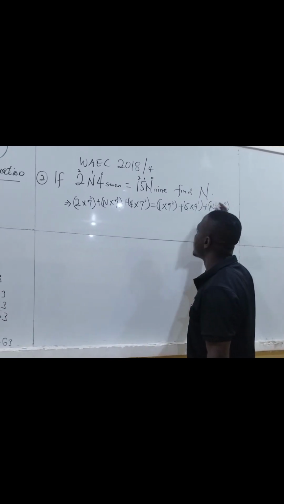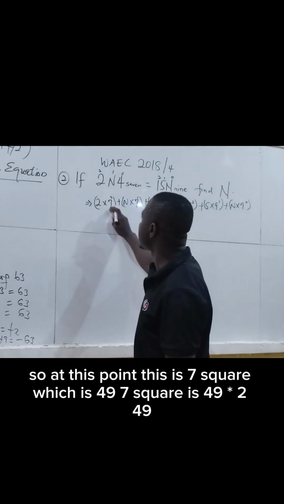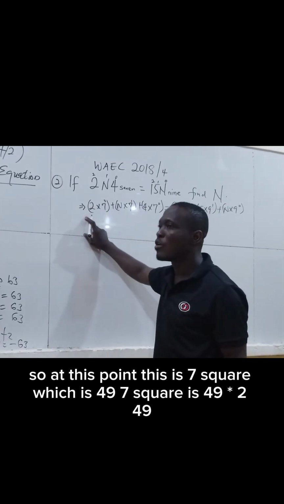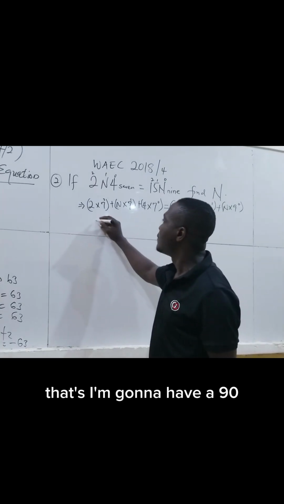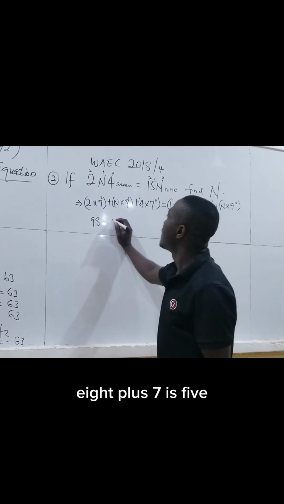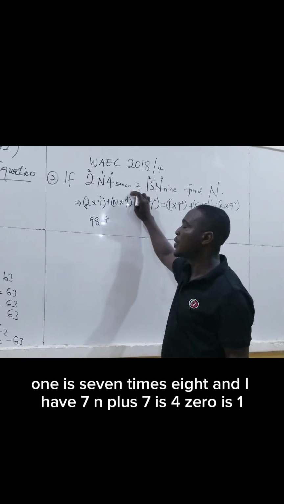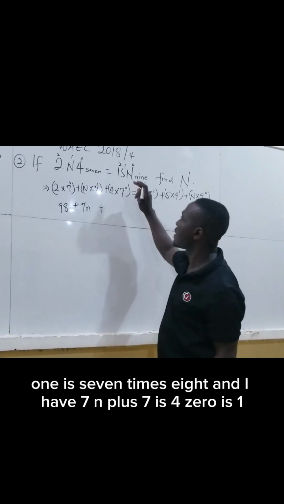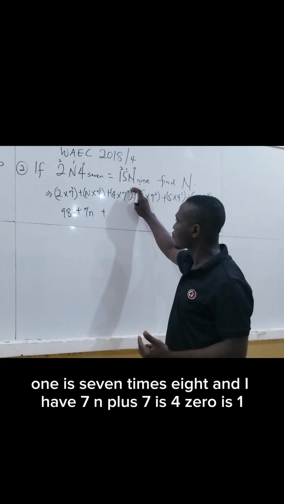So at this point, this is 7 squared, which is 49. 7 squared is 49 times 2, I'm going to have 98 plus 7 raised to power 1 is 7 times n. I have 7n plus 7 raised to power 0 is 1.